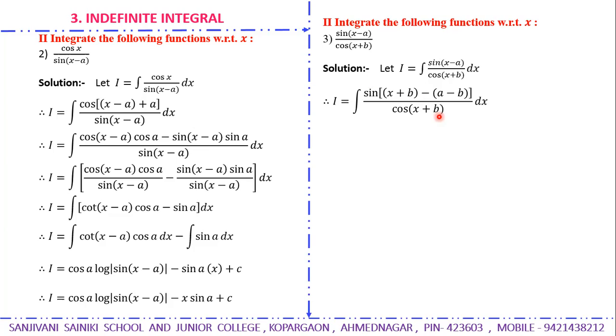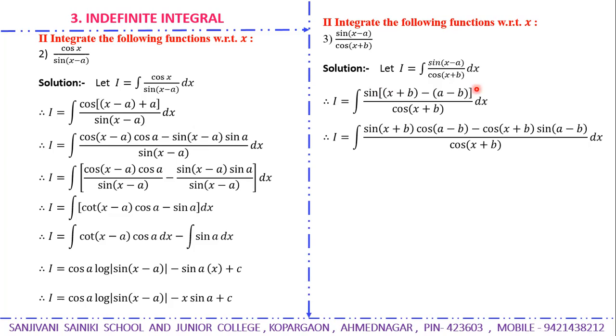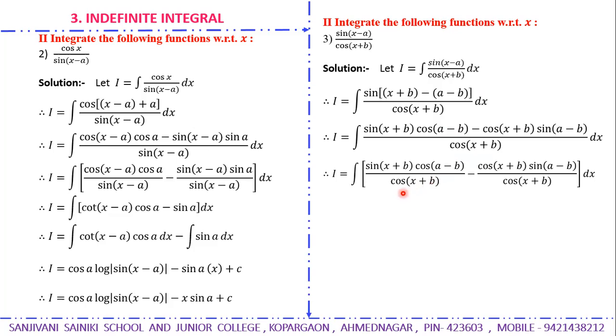In the numerator, we will use the formula sine a minus b is sine a cos b minus cos a sine b. Then we will divide the numerator separately by cos of x plus b. Here sine x plus b upon cos x plus b is tan x plus b, and here this term will cancel.